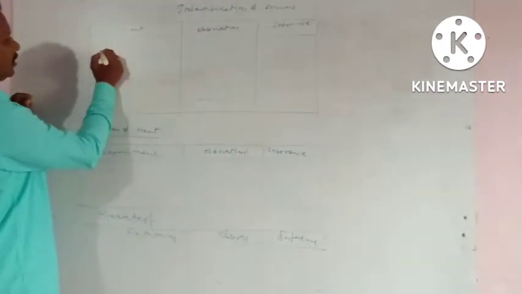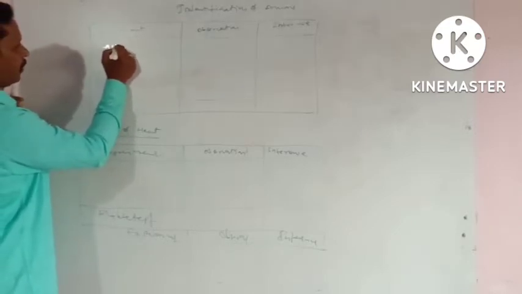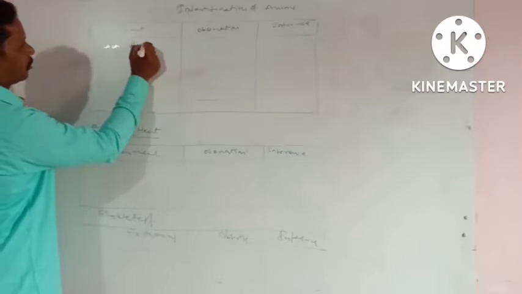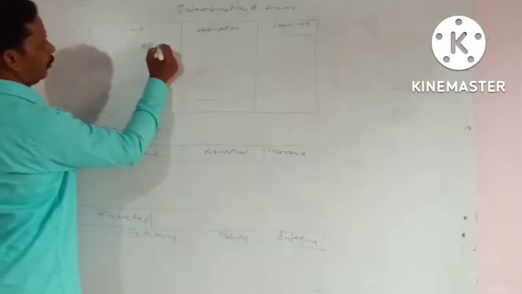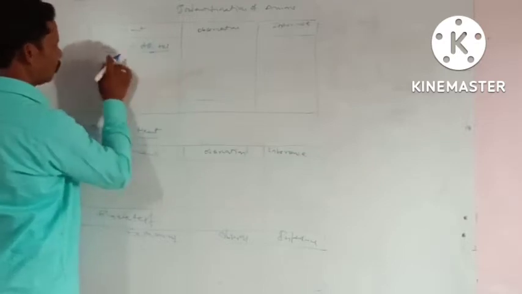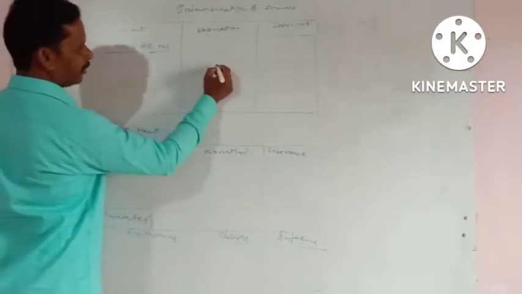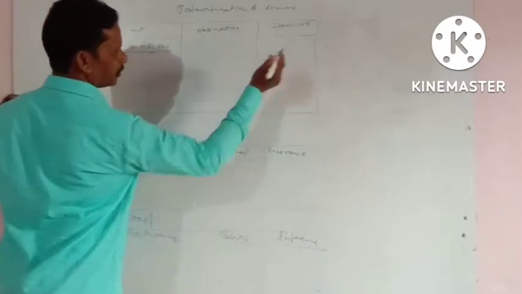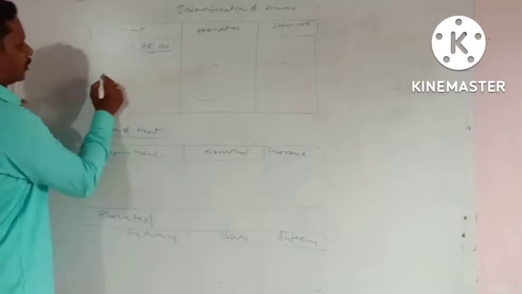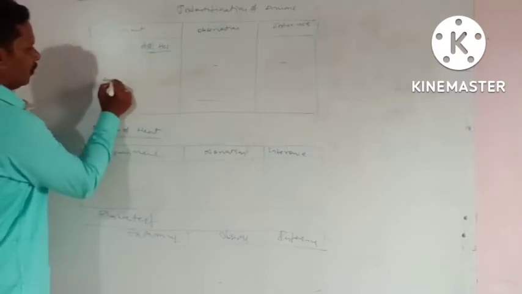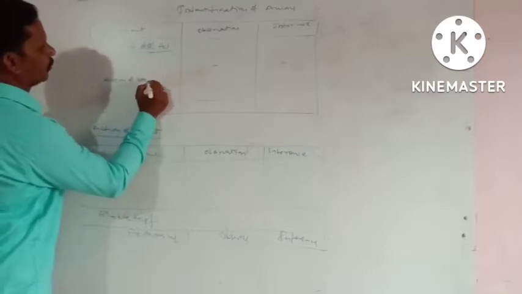First is the action of dilute HCl. You write the experiment completely here, the observation here, and the inference here. Same, you continue with the action of conc. H2SO4.